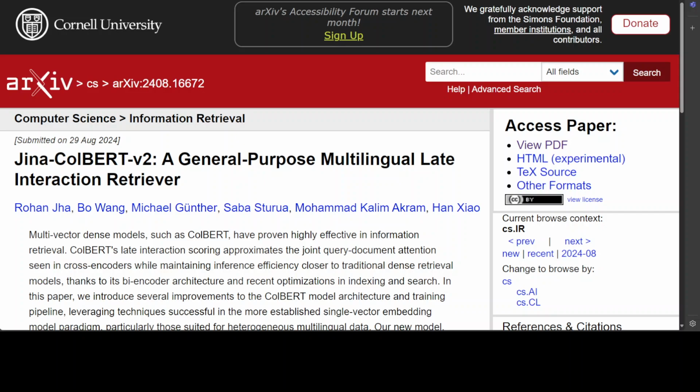So the first key feature of ColBERT is late interaction. What it means is that ColBERT computes similarities between query and passage tokens after encoding, which allows for more nuanced matching. The second feature is contextualized embedding.